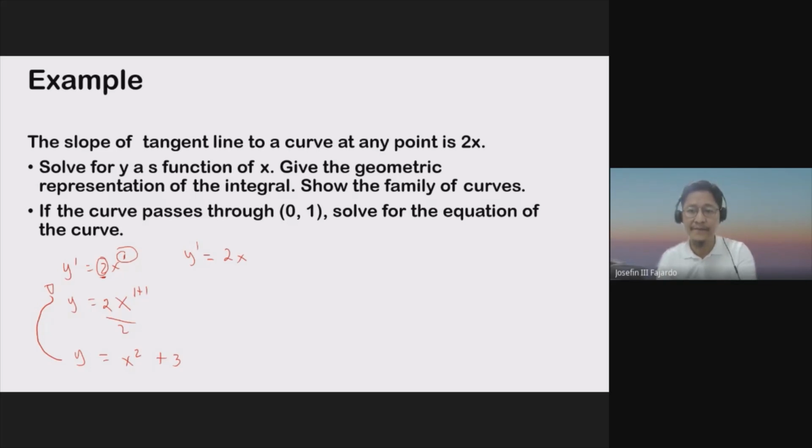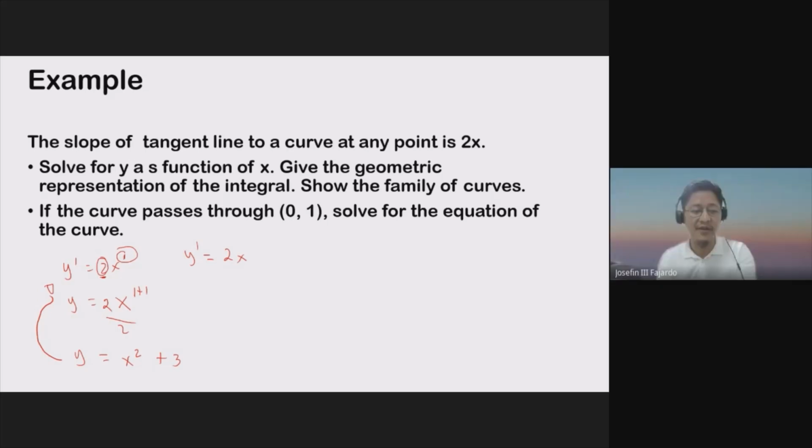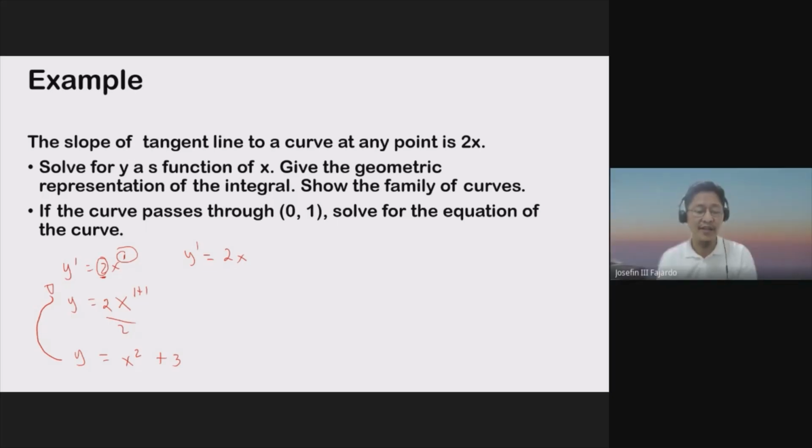Tama ba yan? Opo, sir. Okay, kasi when we take the derivative of a constant, the derivative of the constant is? 0, sir. Okay, 0. So my point here is, kahit anong maging constant natin, ang magiging y prime natin will still be 2x, kahit anong value ng constant.